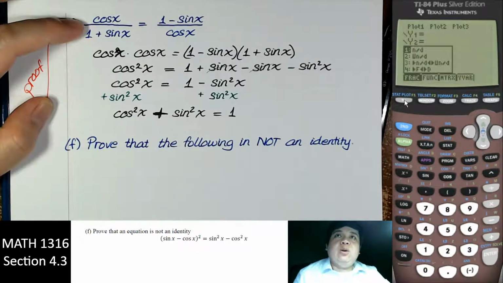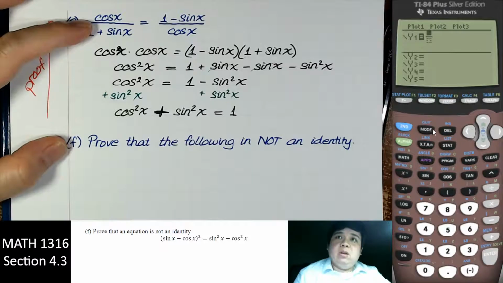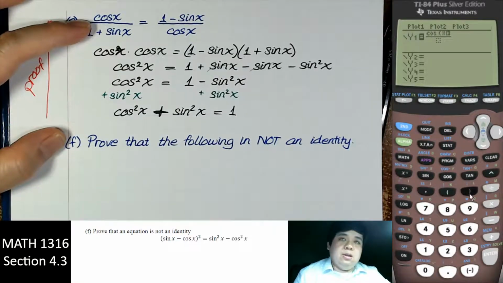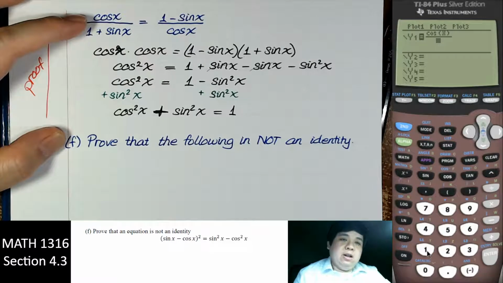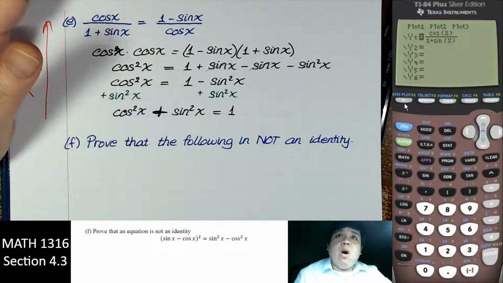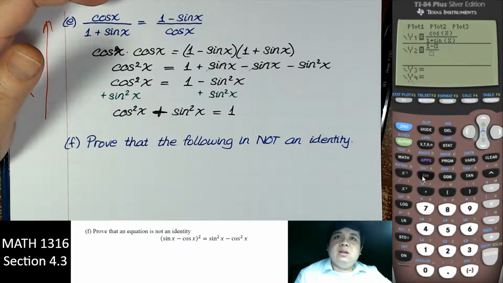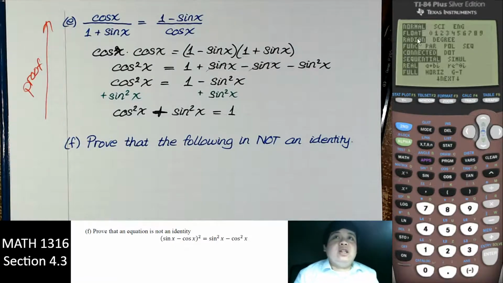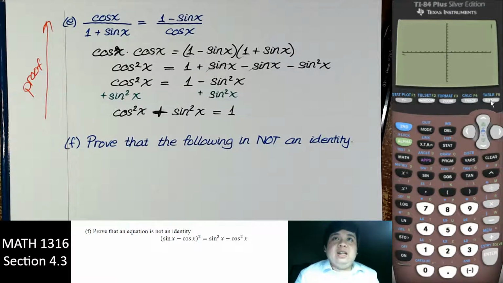Y equal to, so I have a fraction, cosine of x over 1 plus sin x. The other one, Y equal to, that's a fraction, 1 minus sin x over cosine of x. Before we graph, make sure that it is in radian mode, and then let's see the graph.